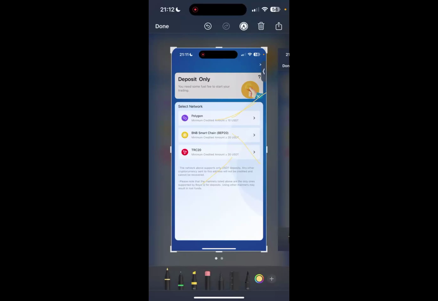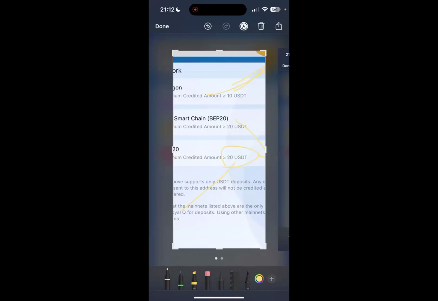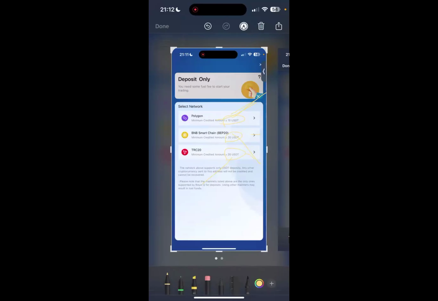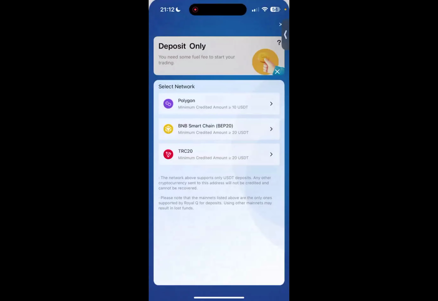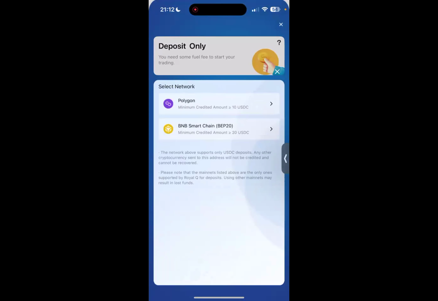Okay. So USDT is what you are depositing, but you are using different networks depending on how much you are depositing. Because this one, they say minimum has to be 20. This one, minimum has to be 20. This one, 10. Okay. So that is it. The USDC too, the same, but that one has only 2 networks, Polygon and BNB.